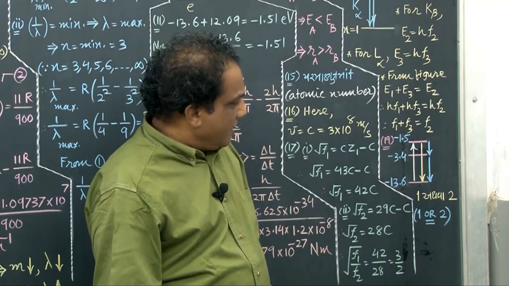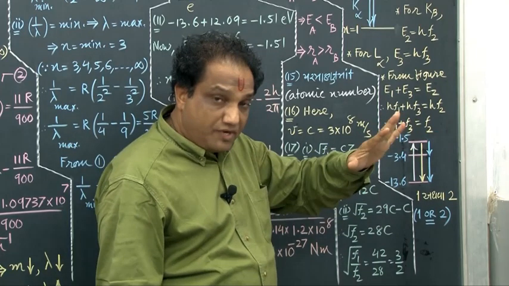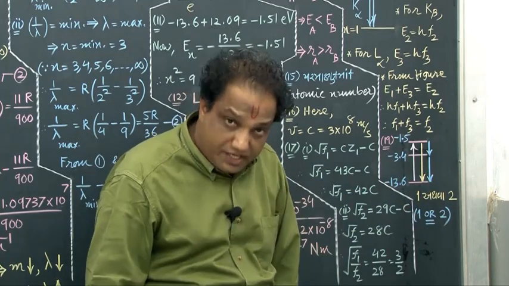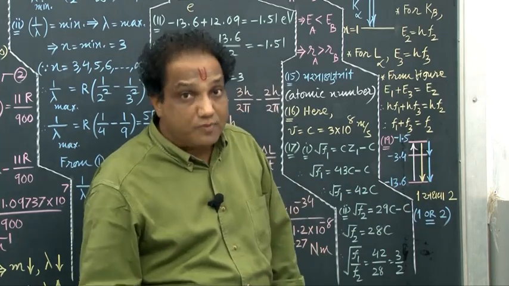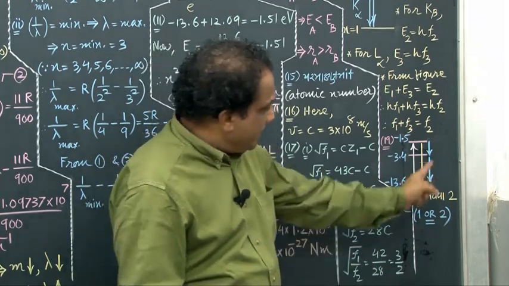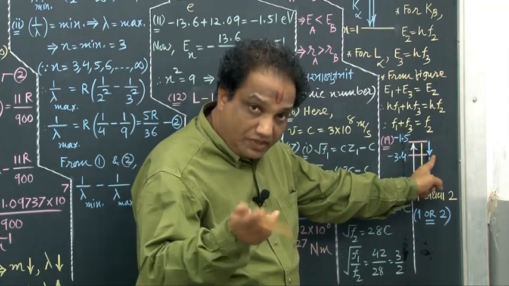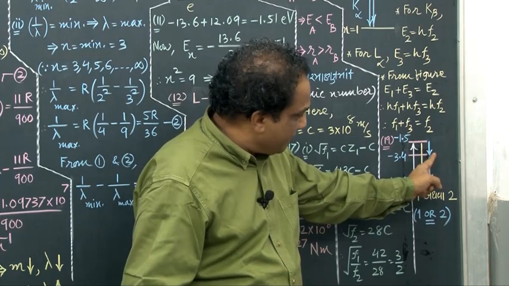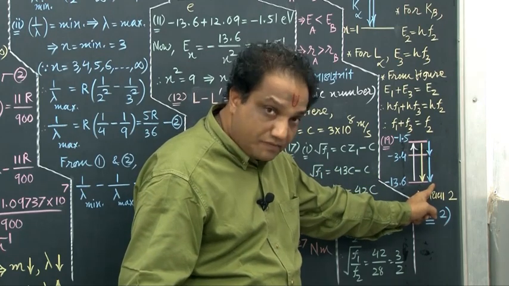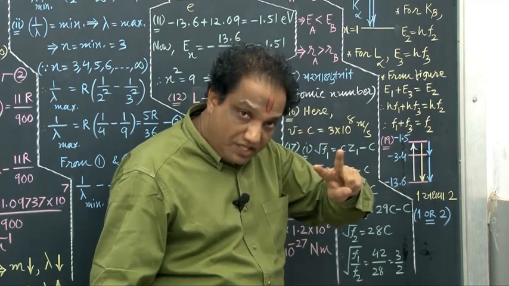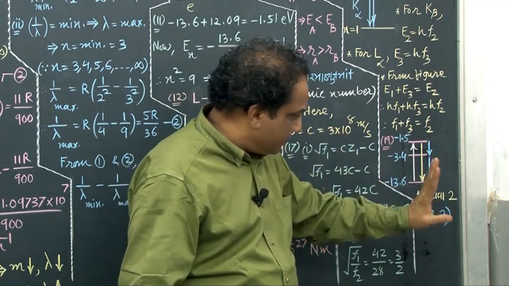Now, after some time, it makes a transition back towards the ground state. But it can have two options. It may first make a transition from n equal to 3 to n equal to 2, and then make a transition from n equal to 2 to n equal to 1. Stage wise, it may make two transitions to come to the ground state.